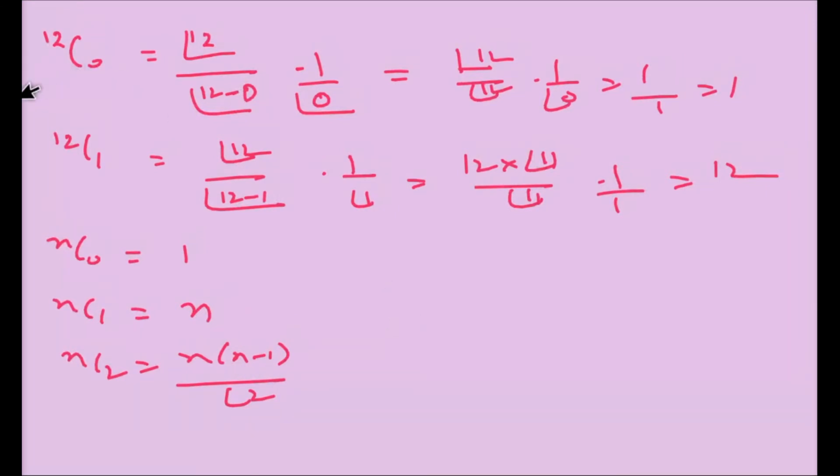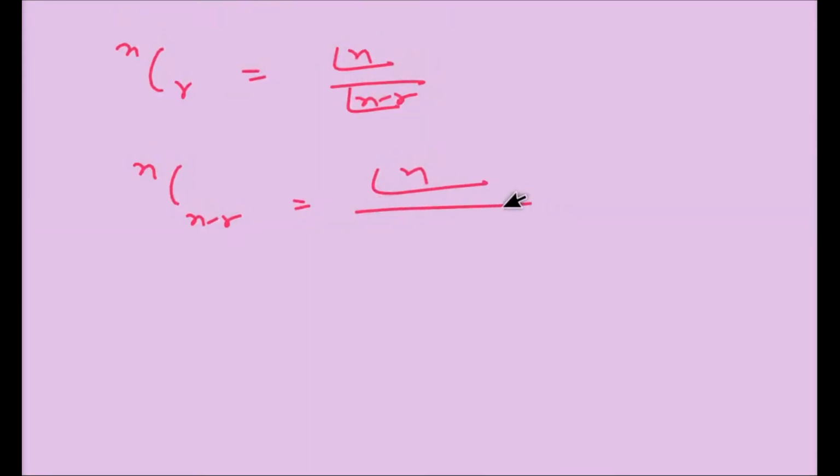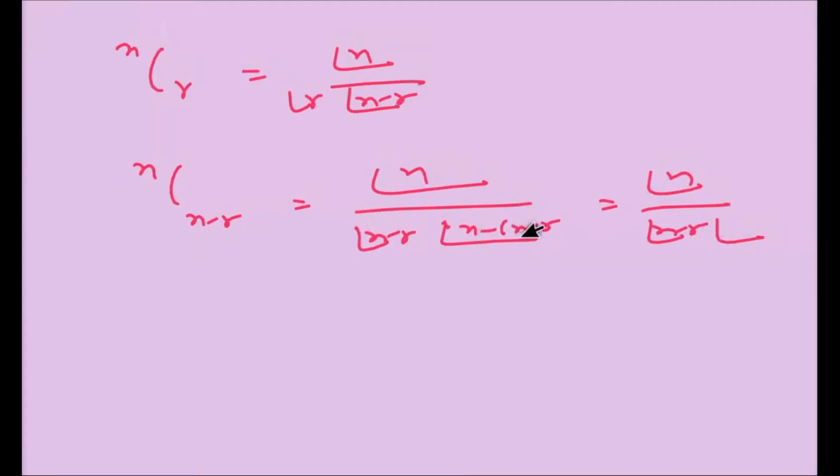Okay, so now we can see here nCr, the value of this is factorial n upon factorial r into factorial n minus r. Now if we solve nC(n minus r), factorial n upon factorial n minus r into factorial r, so factorial n minus r and r are swapped.